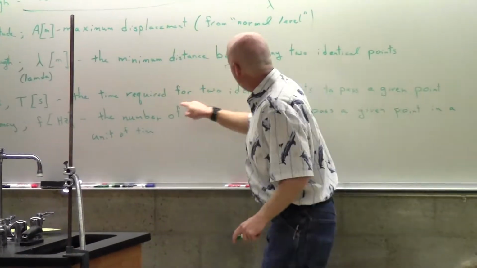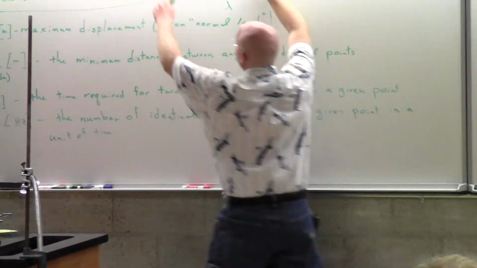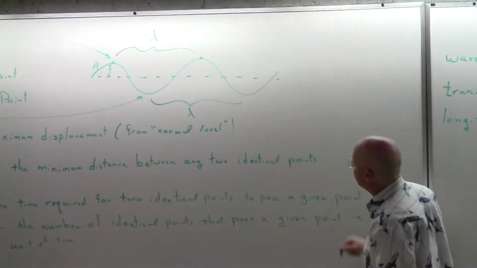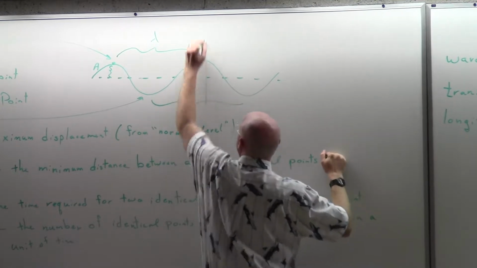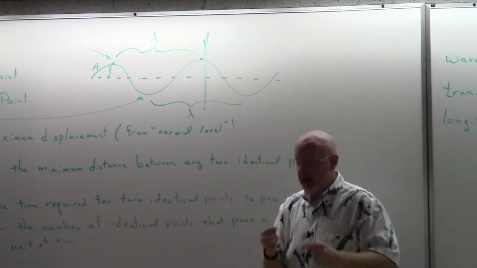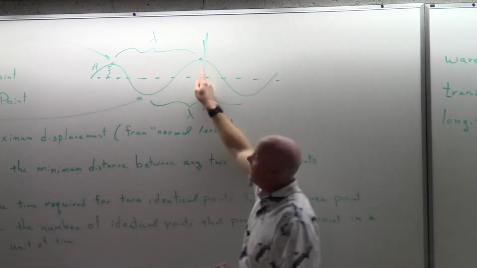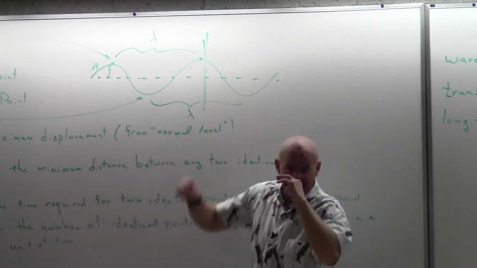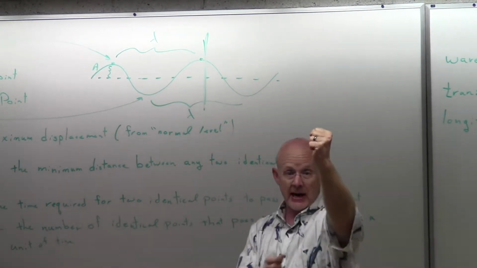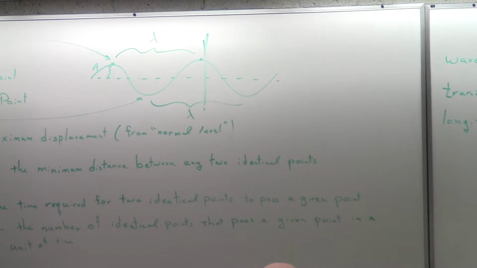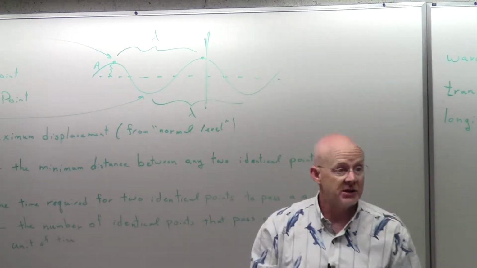Now, did any material actually move along? No. So the period, as it says here, is the time required for two identical points, the crests, to pass a given point. So if my given point is right here, the period is how long it will take for that crest to get to here. And I'm trying to point out that would be the same as the time it would take for the rod to go down and back up in terms of an oscillation.